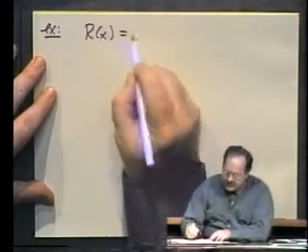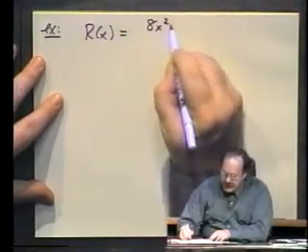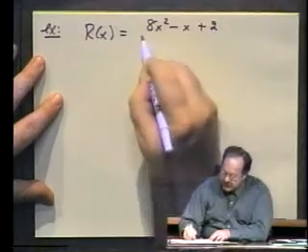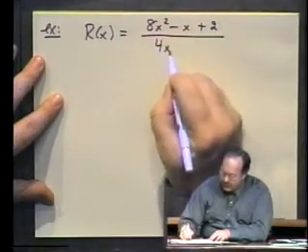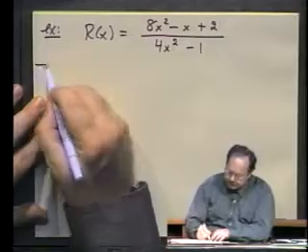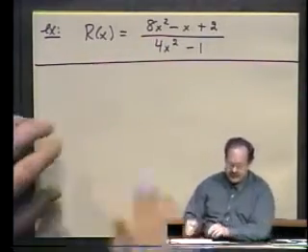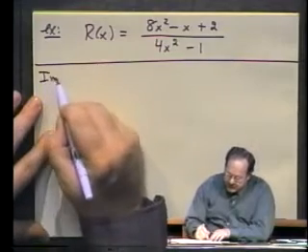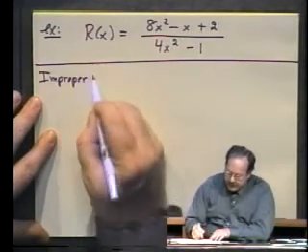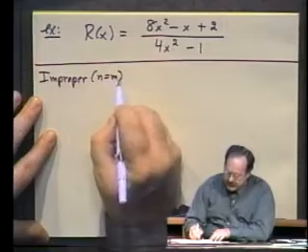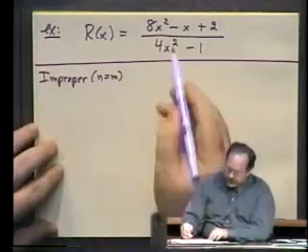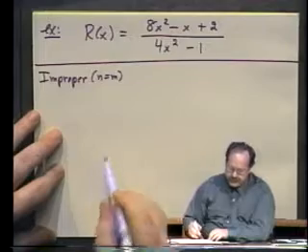to show that fact. Here's r of x equals 8x squared minus x plus 2 all over 4x squared minus 1. Now again, I'm only looking for horizontal asymptotes. I recognize that this is improper, and this is an n equals m case of improper. The degree on the top and the bottom is 2.